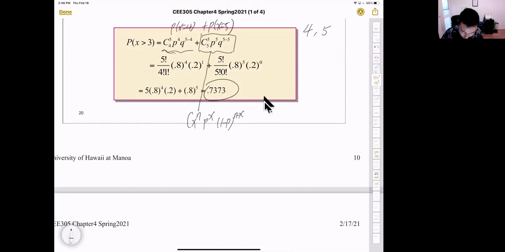So this is the same as this one. Again, using the counting method, because in total we have n trials.